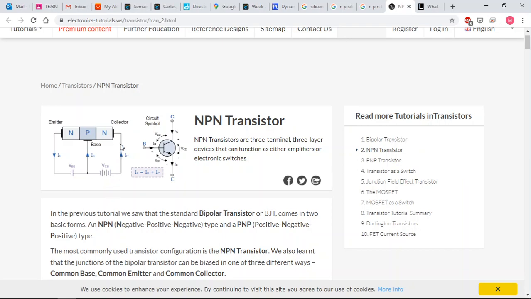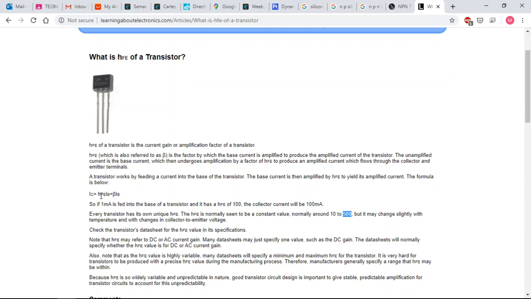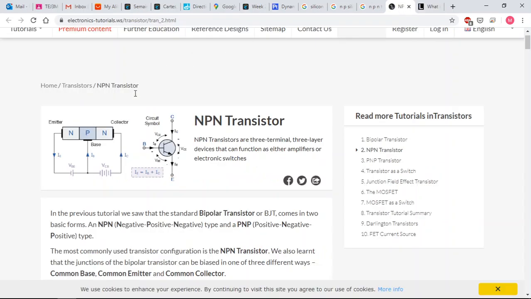My IC is going to be 100 times what IB is. So 1 milliamp times 100, I get 100 milliamps. That's going to go through the whole transistor, through the collector. So it's just a relationship: IC equals HFE times IB, or beta times IB, it's the same. I'm just going to make you guys learn about that.